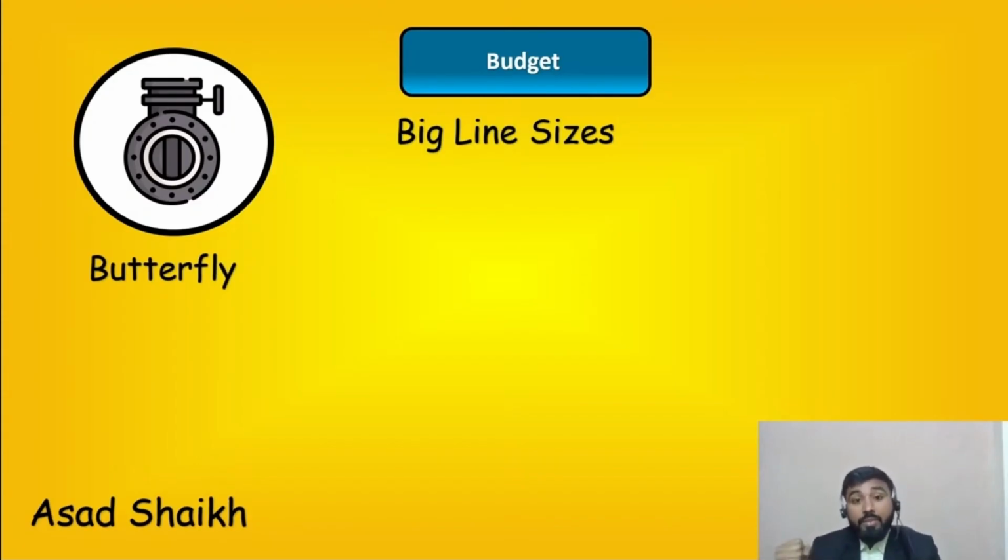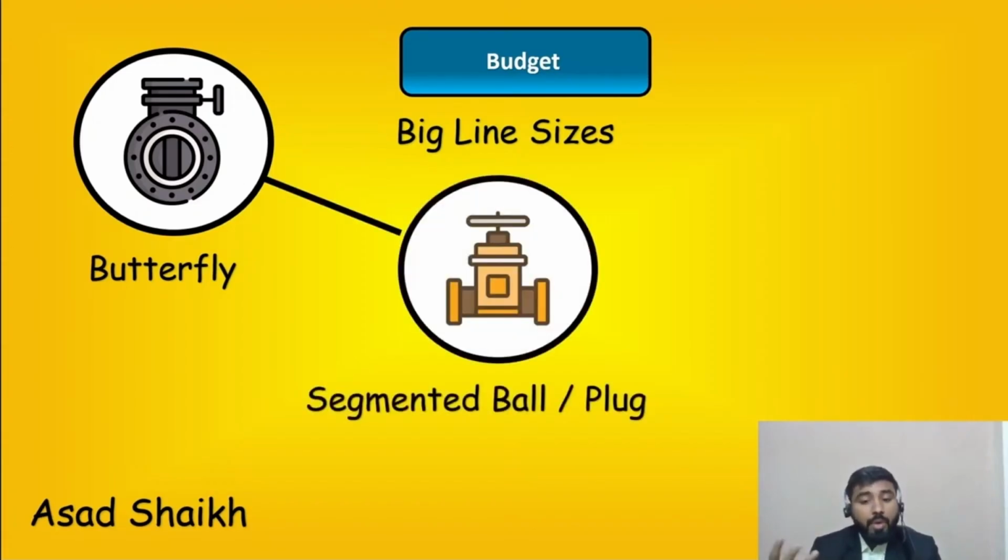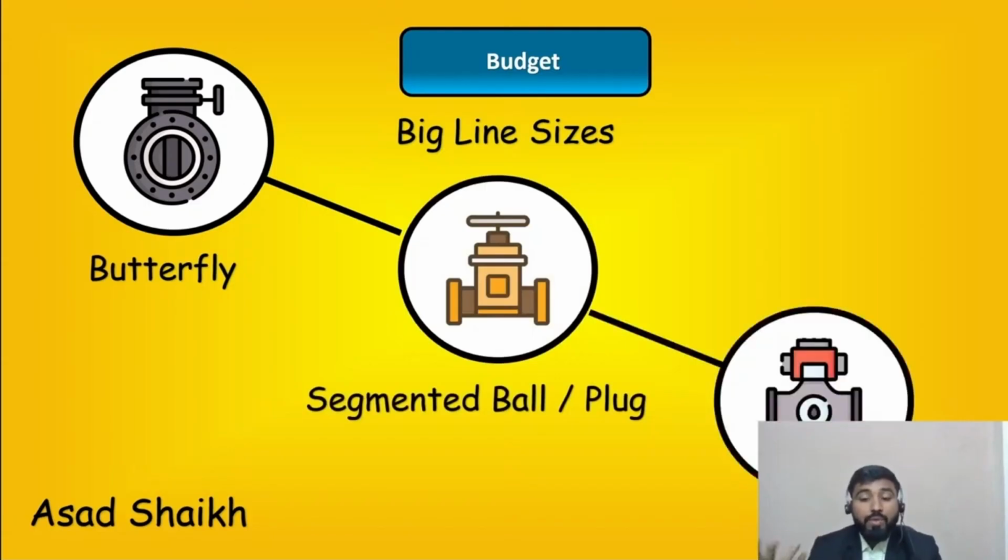So if your line size is very large, first look whether you can make a butterfly valve fit your application. If not, then look for a segmented ball or plug valve design, and if nothing works out, then maybe you can look for a globe valve design, or you should consult a specialist if the line size is too big, because maintaining a globe valve at such high line sizes and with such a huge pressure drop is tricky.